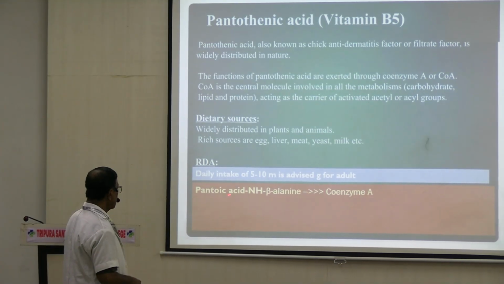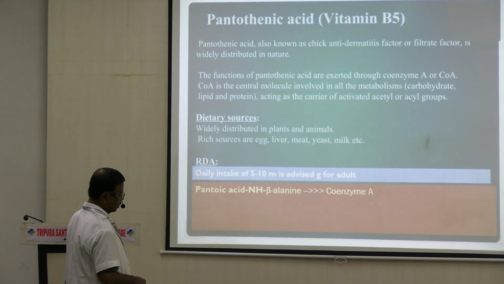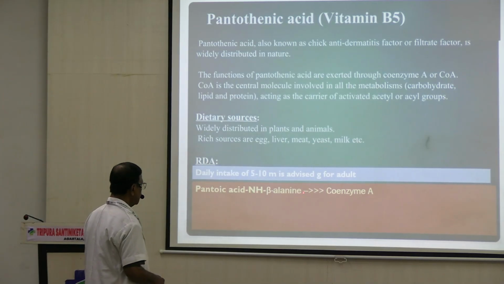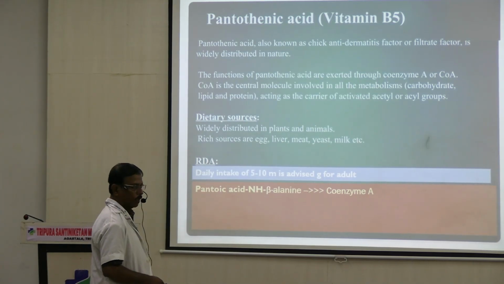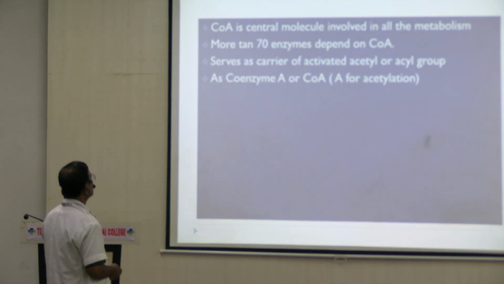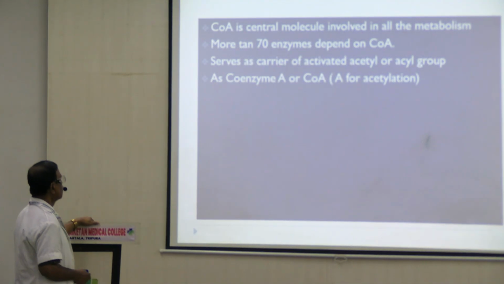Pantothenic acid, chemically it is pantoic acid and beta-alanine linked by an NH bond. Following several reactions, it gives coenzyme A. Coenzyme A is a central molecule involved in all metabolism.